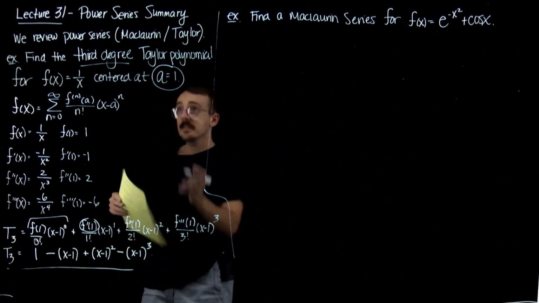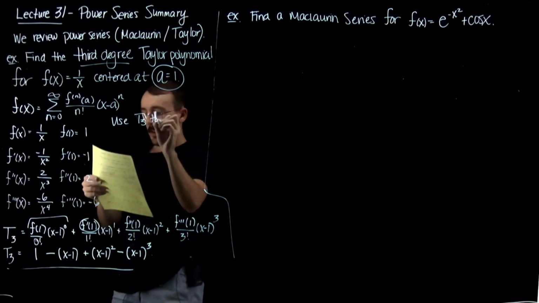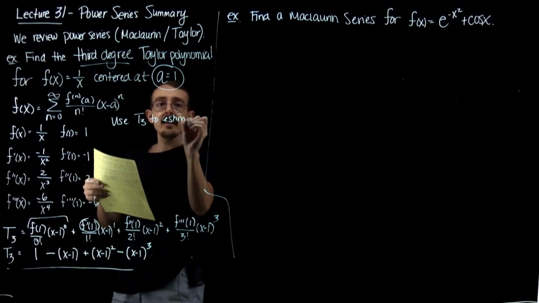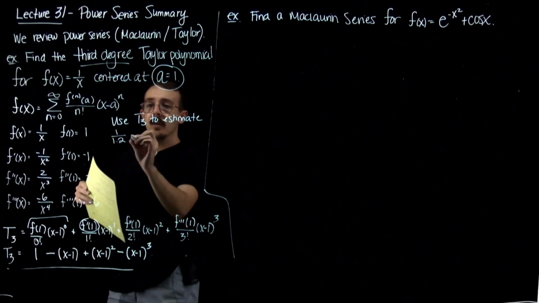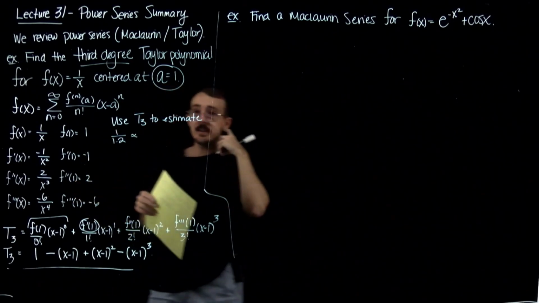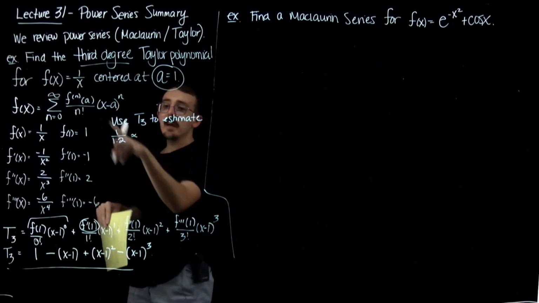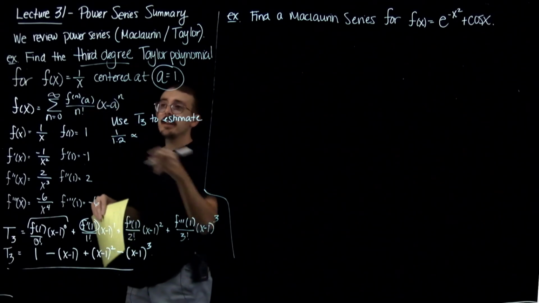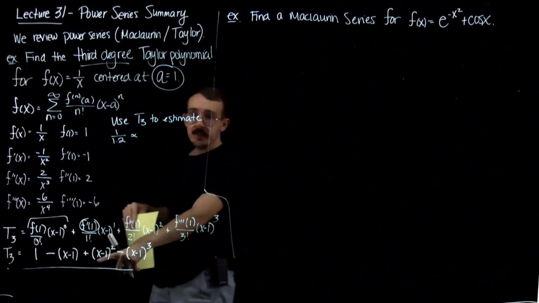And now what I could do with this is I could use T3 to estimate the value for 1 over 1.2. So it's like I took the function 1 over x, I plugged in 1.2, and I'm going to estimate what this is using this third degree Taylor polynomial.